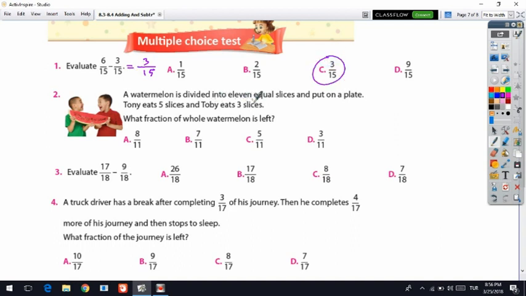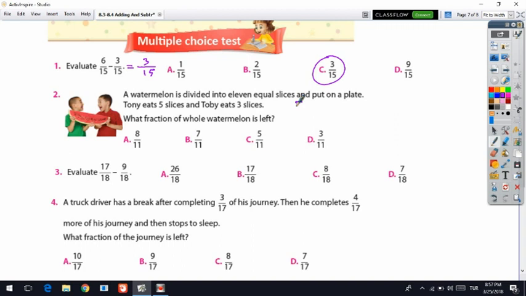A watermelon is divided into 11 equal slices and put on a plate. Tony eats 5 slices and Toby eats 3 slices. What fraction of whole watermelon is left? First of all, Tony eats 5 slices.